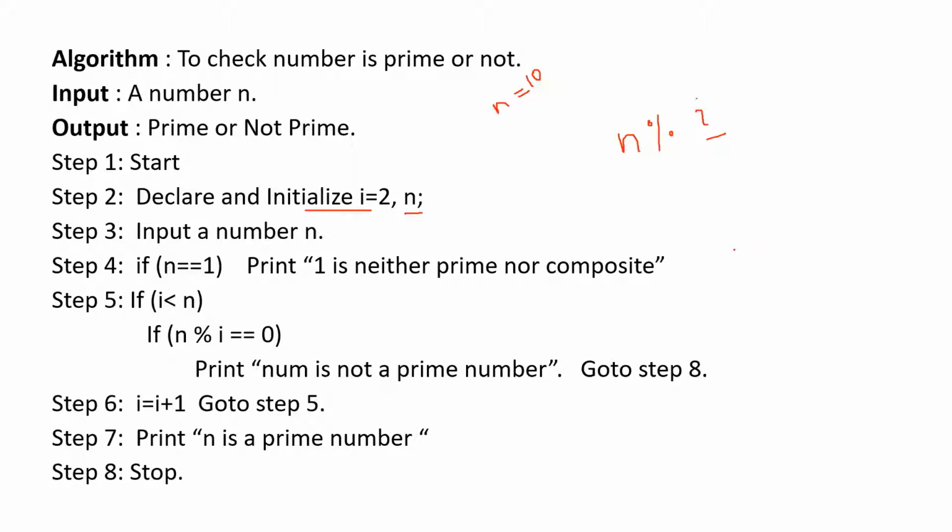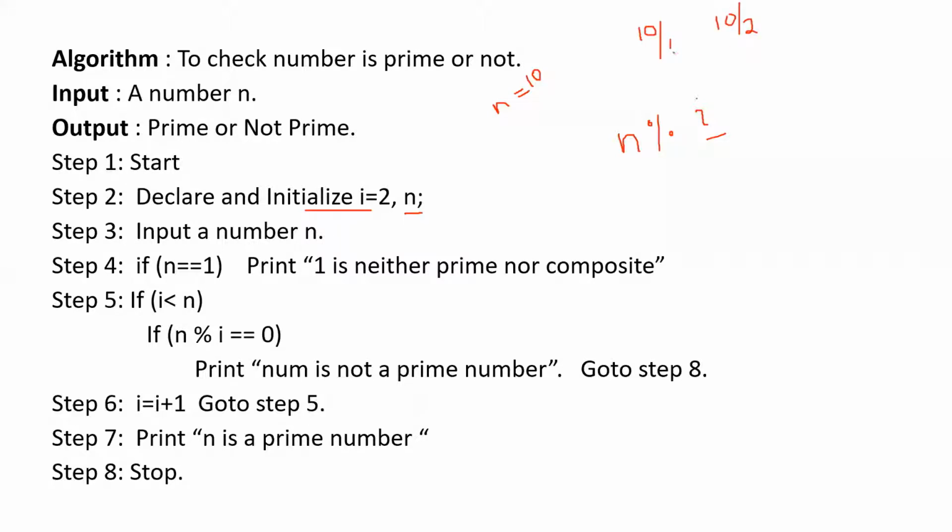If n is 10, what will be the I value? Suppose, just now I told, to find the factors, what are the values with which we have to divide 10? So first, in order to find the factors, we have to find the remainder with 10 by 1. Then it is 10 by 2. Like this we will be finding, right?